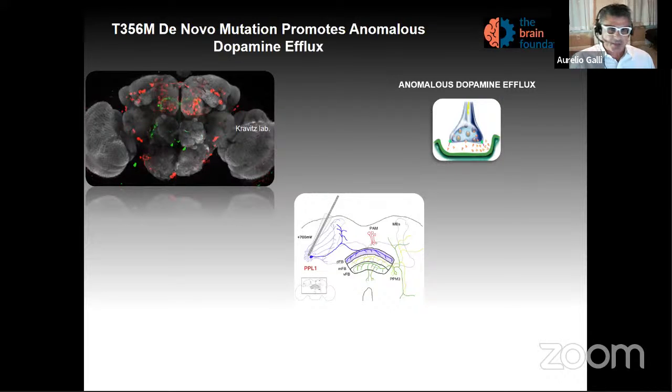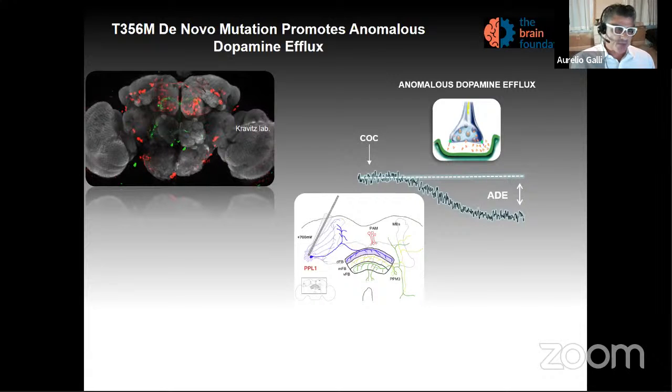So you can expect that if you have an anomalous dopamine efflux, the baseline recorded by this electrode will be higher than in the wild type. You will also expect that if you block the transporter, either with methylphenidate or another blocker like cocaine, this baseline goes down because you're blocking the constitutive efflux of dopamine, and this is what we notice over here, right? You can see that we add cocaine and the baseline goes down because you're blocking the constitutive dopamine efflux.